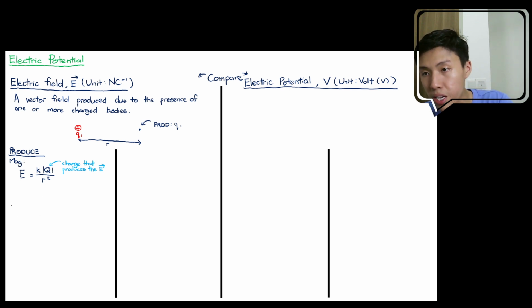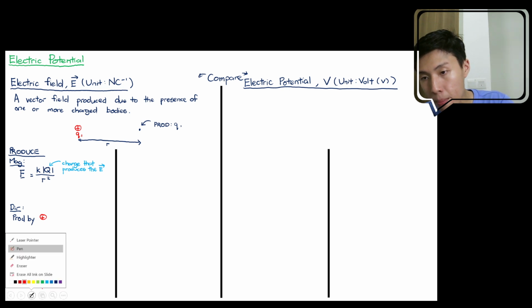If I talk about direction, it's not that complicated as well. If the electric field is produced by a positive charge, then the electric field will point away from the positive charge.